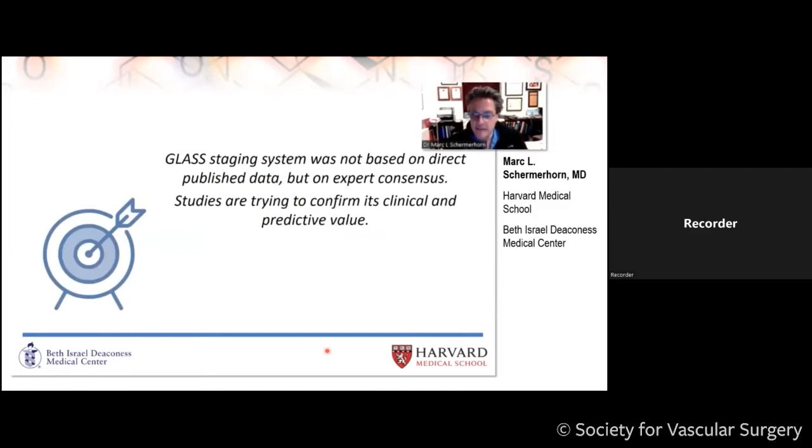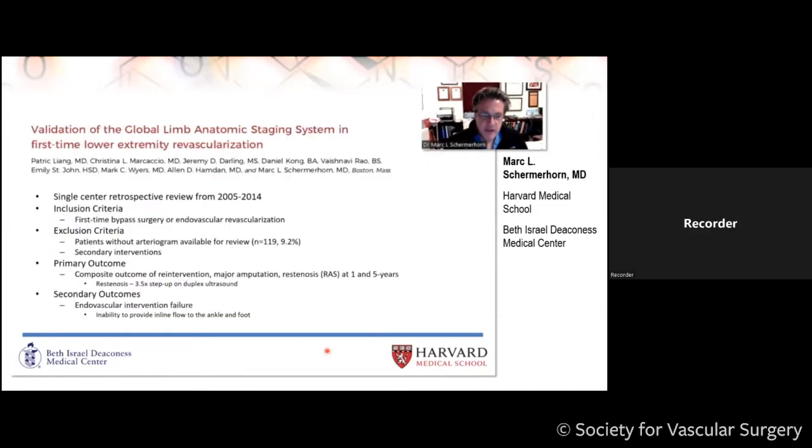Now, when this staging system was first designed, it was based on expert consensus rather than direct published data. So multiple publications have now been made validating this system, and we had one of the first. We reviewed our patients from '05 through '14 undergoing a first-time bypass or endovascular intervention.